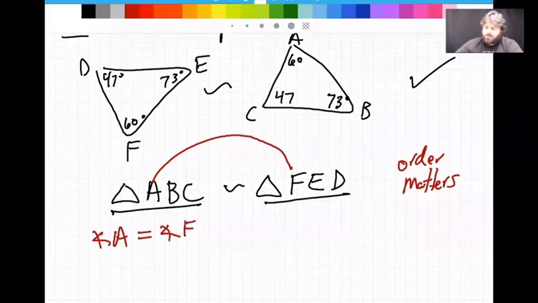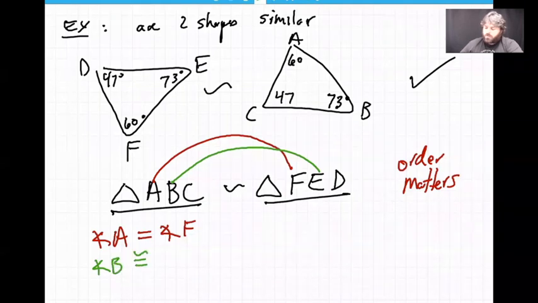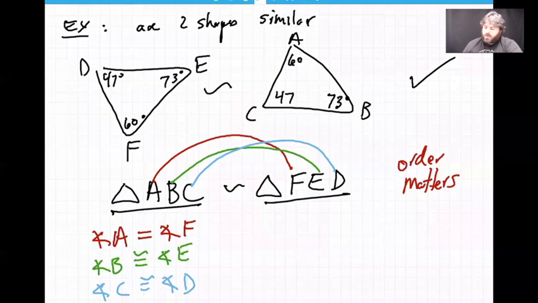I'm just being a little bit lazy there, but that's okay. And that means angle B and angle E are congruent. Then finally, the third letter and the third letter are going to be equal, so angle C is congruent to angle D. I know that information.